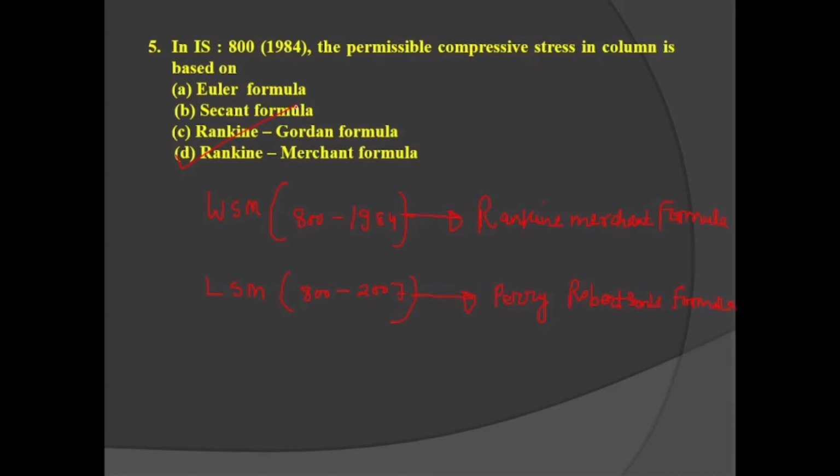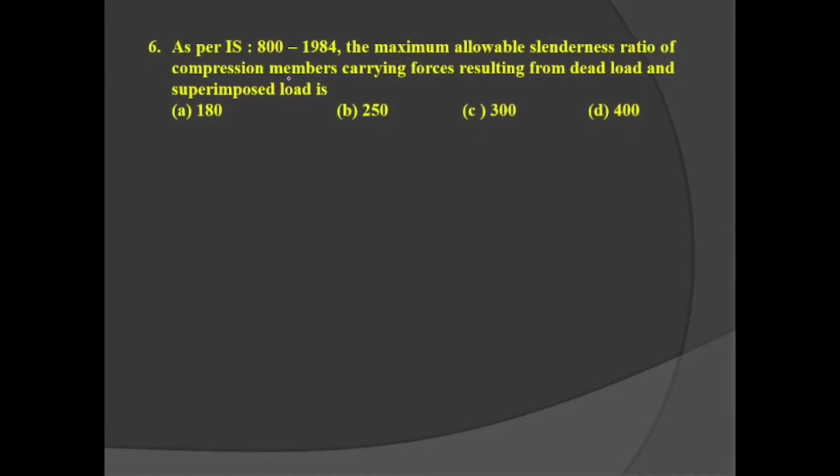Now, as per IS 800 1984, the maximum allowable slenderness ratio for members carrying forces resulting from dead load and superimposed load. So option number A is correct, because lambda maximum for compression members is 180, as there are high chances of buckling in pure compression members.